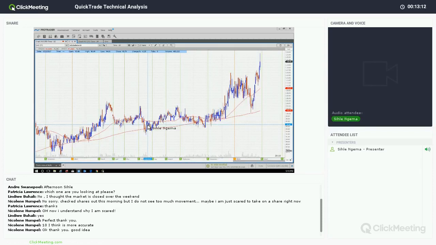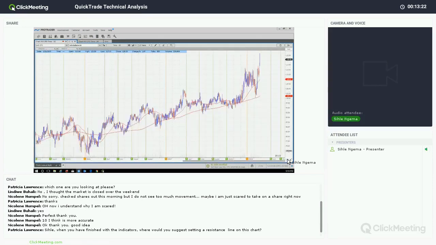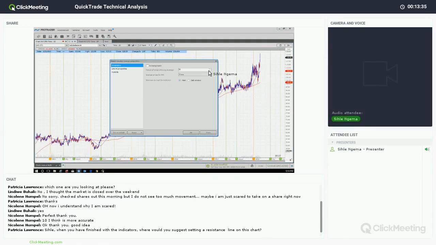Maybe you can use that area as a buy zone. But the problem is that the 50 to me is not very accurate. That's the reason why I do not really like it. I prefer using something more sensitive, like the 10 simple moving average.